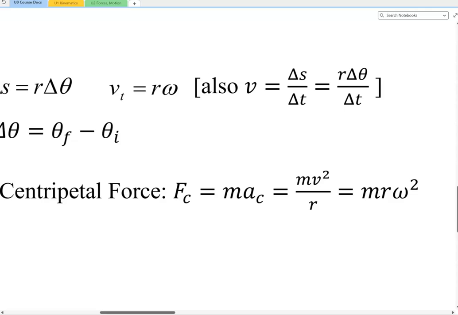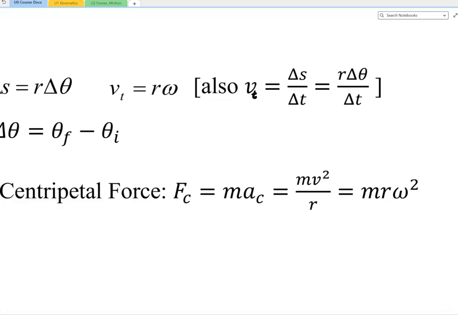With rotational velocity, one of the most common methods that we use to calculate tangential velocity is simply the radius times the angular velocity. But with a little bit of care, we can see how this tangential velocity is also equal to our arc length divided by our change in time.